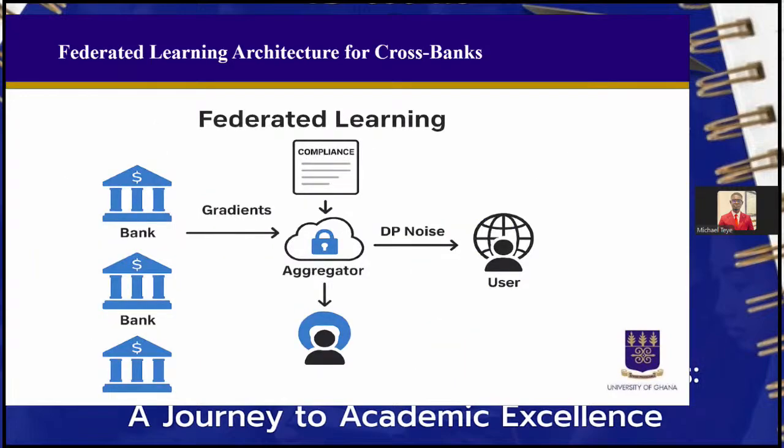So applying this architecture for cross banks, when you look at the diagram, let's say we have bank A, bank B, and bank C. Assuming bank A is Absa Ghana, bank B is GCB, then let's say bank C is a mobile money operator, a telecom like MTN, which does mobile money transactions and operations.